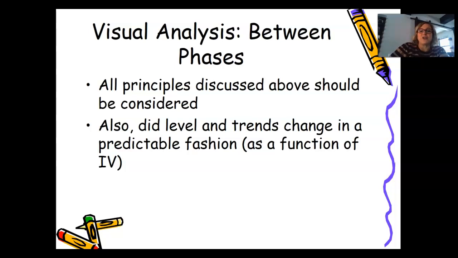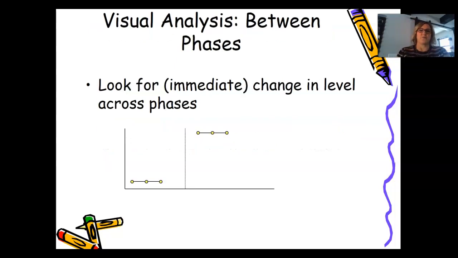So do we see changes that are predictable? If we expect the intervention to decrease the number of outbursts a student has, do we see that occur once the intervention is implemented? And so this can help us to understand the effectiveness of the intervention. So you're going to look for and discuss changes in level.